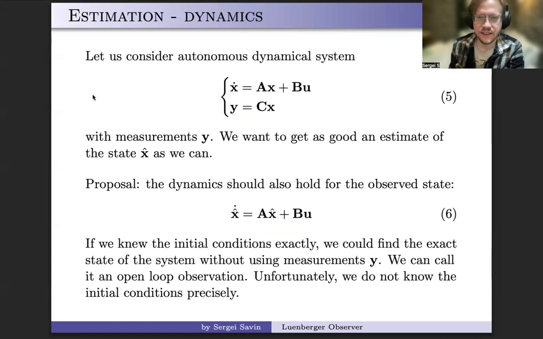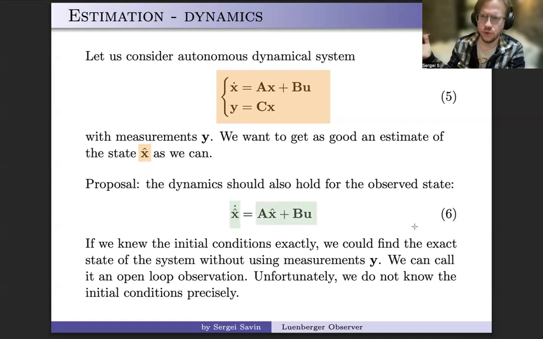Now, let us look one more time at our favorite LTI system, state space. So we want to estimate x as x hat, and we want to do it as well as we can. We can make a proposition. What if x hat should behave the same way as x does?